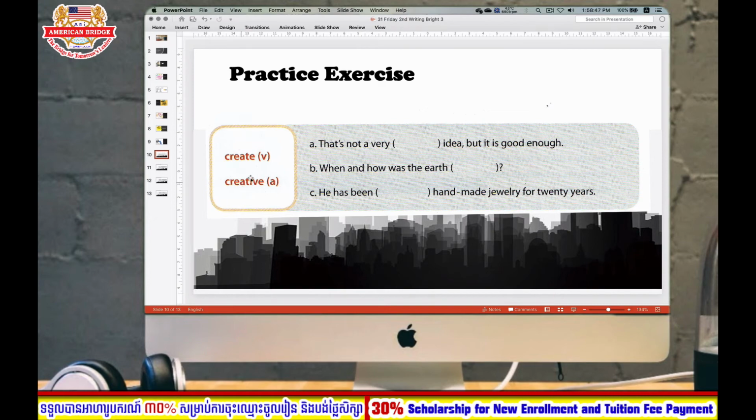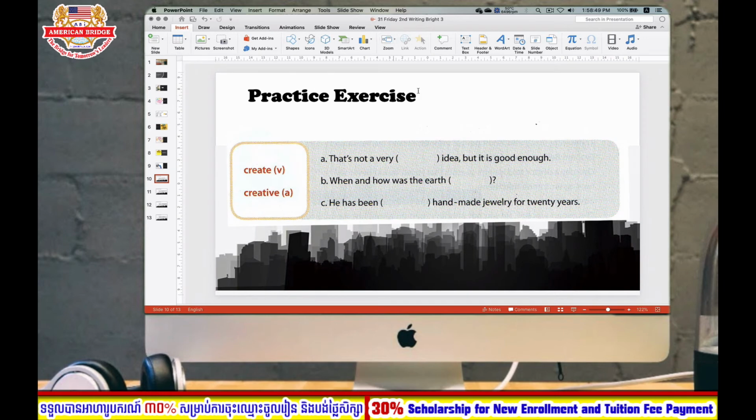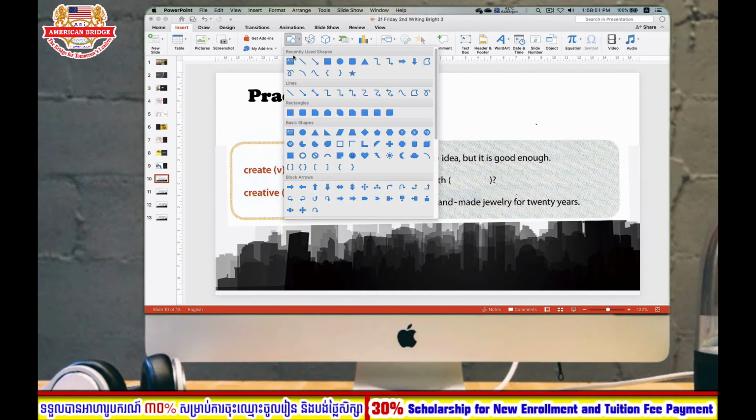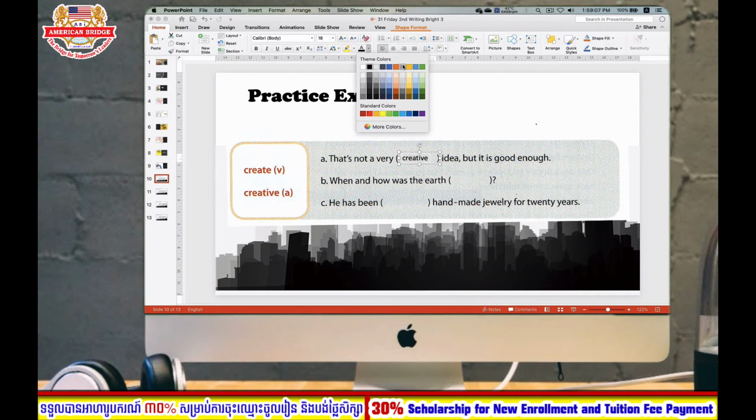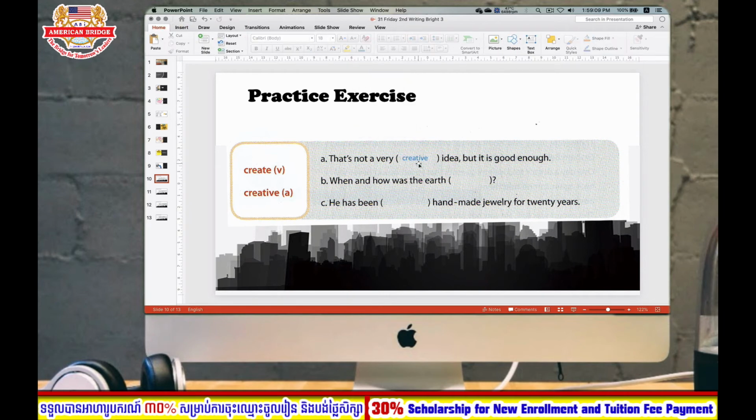So the word is creative. You need to use the word right here, the word creative. So it is not a very creative idea, but it's a good idea.